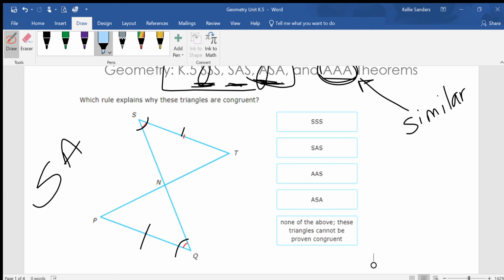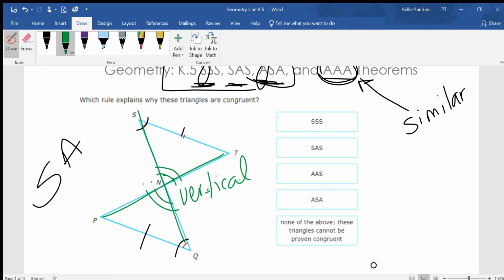What we have is this angle right here is congruent to that angle right there. It's been a long time since we've used this information, but remember when two lines cross and you have angles that make the X, those are called vertical angles. And vertical angles are always congruent to each other.